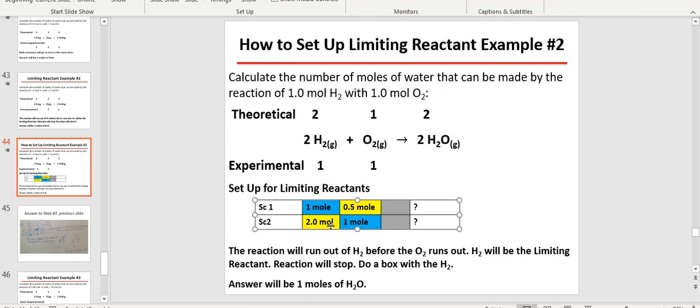Do I have 2.0 mole of this guy here? No, because these guys are theoretical. These are real. And if this is going to go to 0, if 1 mole of this is going to go to 0, I got to have 2 moles of this.